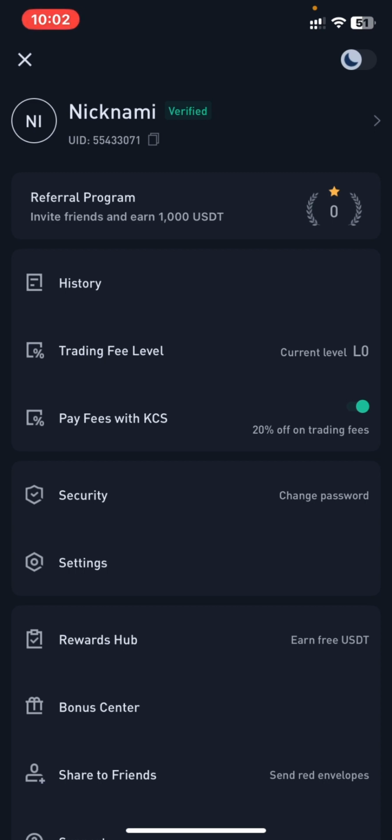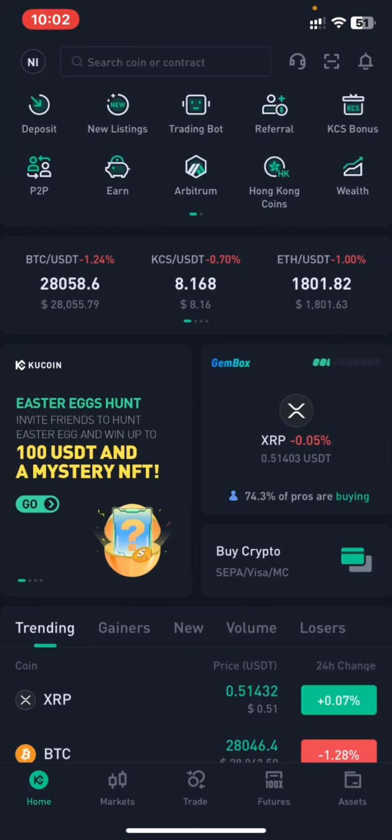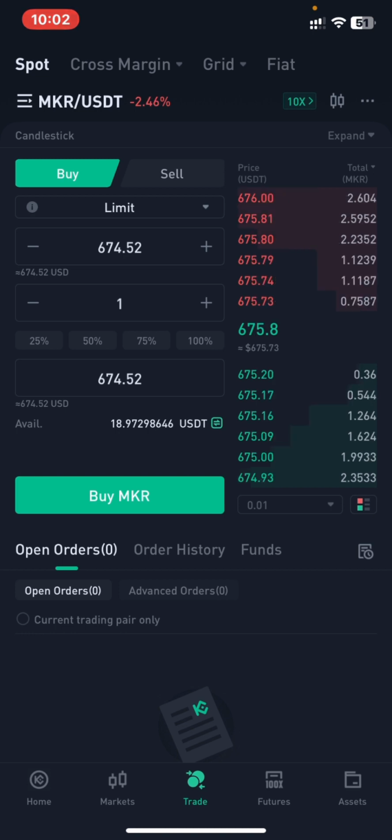Then you have to buy this coin into your normal spot wallet, and you'll be able to use this to pay fees on any of your trading fees on this kind of trading. Then you don't have to pay more, you have to pay less in terms of trading.